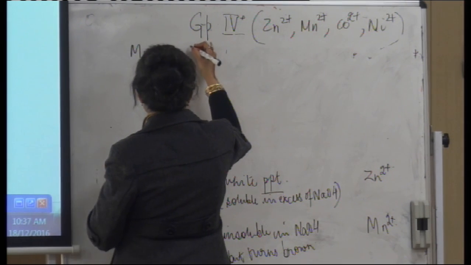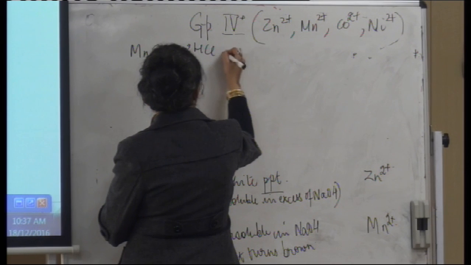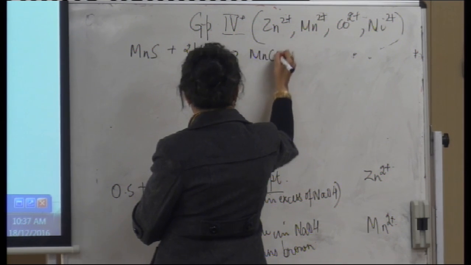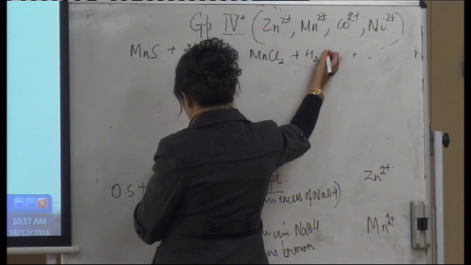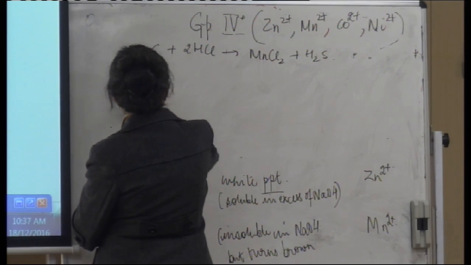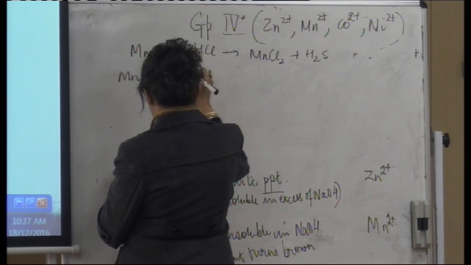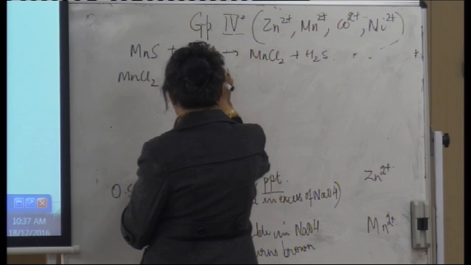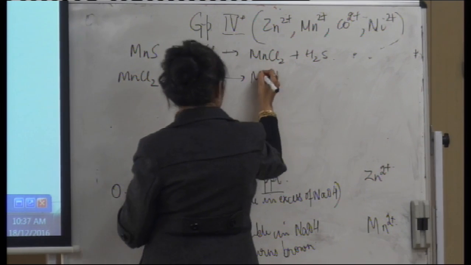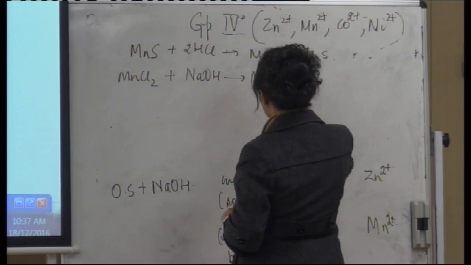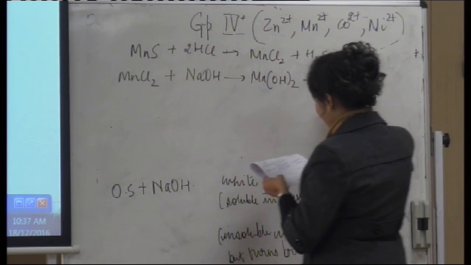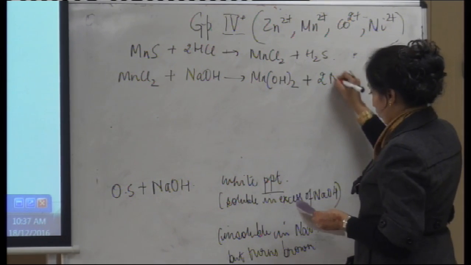We add a little bit of HCl to it to form MnCl2, and H2S is liberated. This MnCl2 can react with NaOH to form Mn(OH)2, precisely the precipitate that we were just talking about.